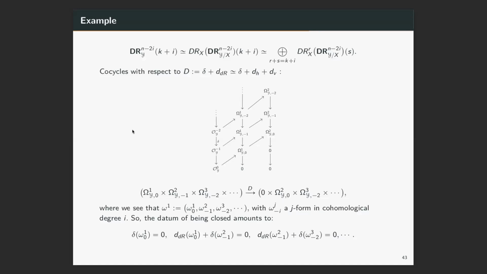And here I'm not showing the other degree. So this is a bit vague, but what our form looks like is starting to look like this. So what is this? Each j_{n-i} is a j-form in a cohomological degree i. So i is now a positive integer because I've already put the minus here. So to be closed, you can compute what it means specifically, and first of all, you get closure with respect to cohomological.